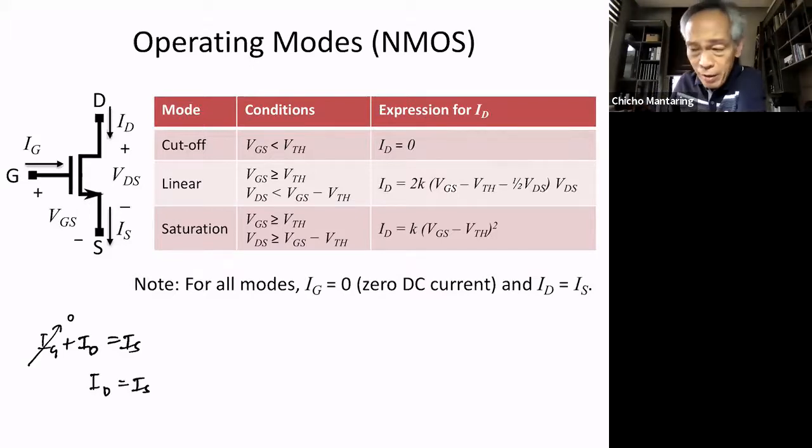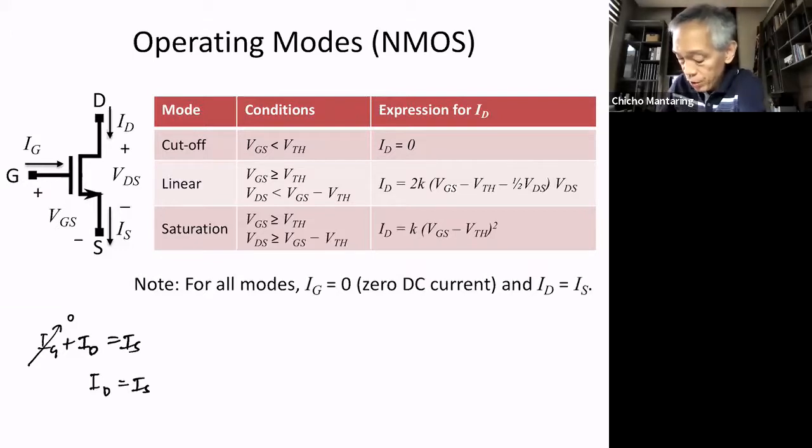Unlike the bipolar transistor. In the bipolar transistor, if you will recall, the collector current is almost equal to the emitter current. The difference between the collector and emitter current is a small value, which is your base current. Well, here for the MOS transistor, what would have been equivalent to the base current, your gate current, is 0. And therefore, your drain current will always equal your source current.